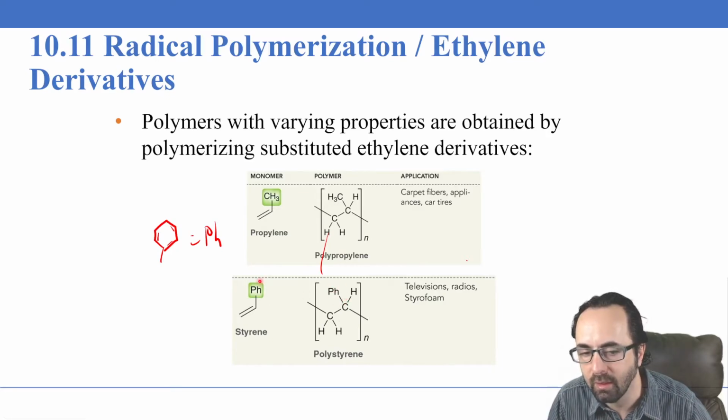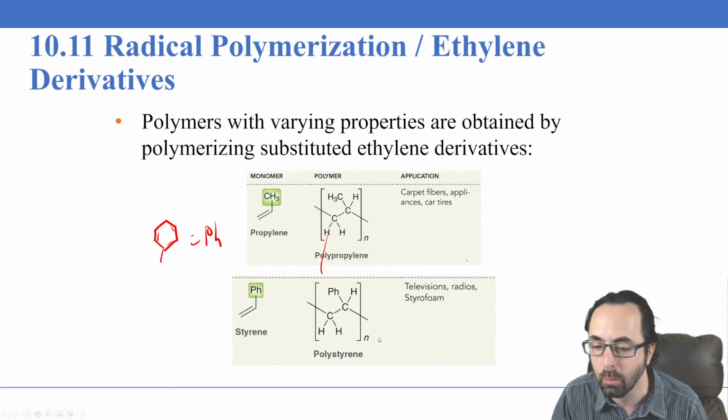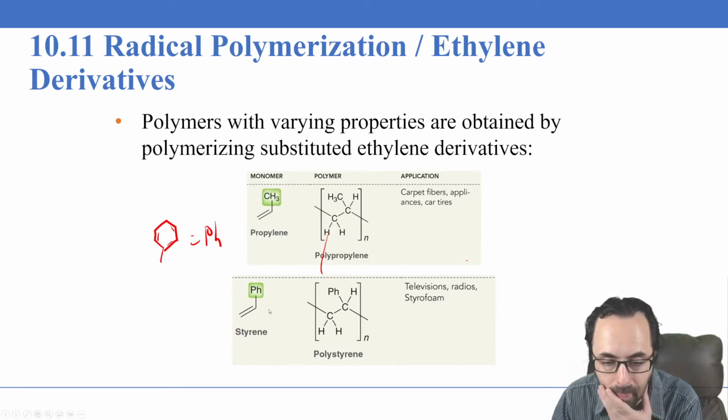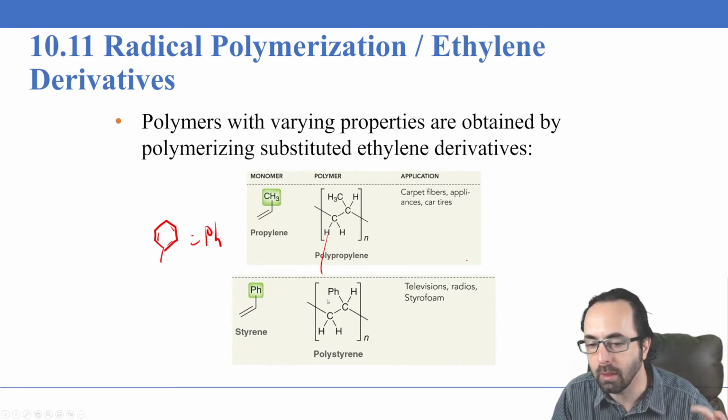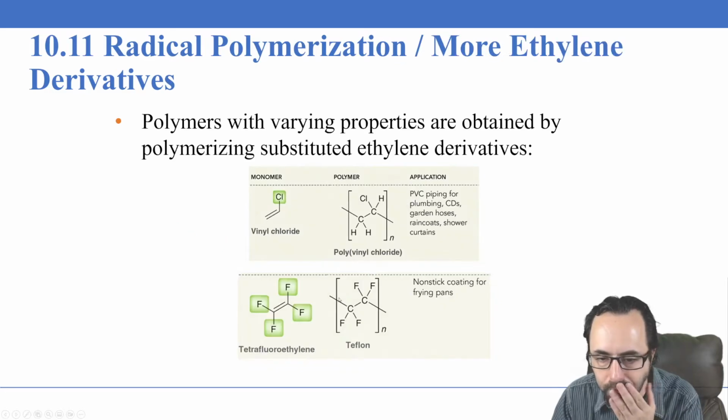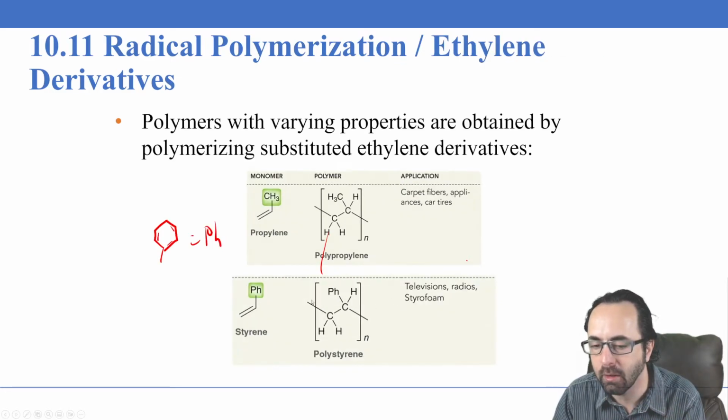And so this has this benzene ring hanging off, and you can see that has an impact on the composition of the polymer. This is used for styrofoam, and so that has softer, more malleable properties here. That's also because it's puffed up with air, but it's polystyrene, like your packing materials and your soft styrofoam cups and stuff.